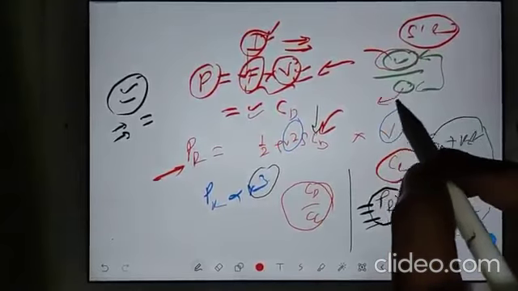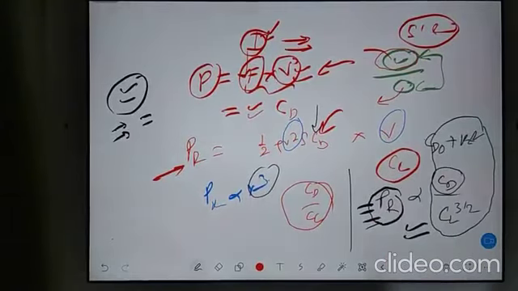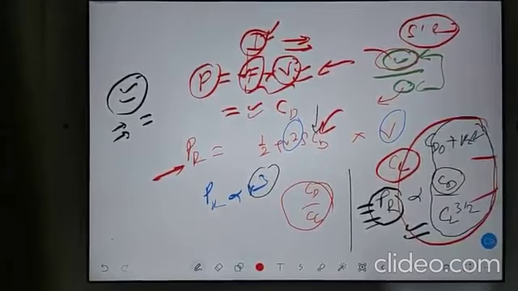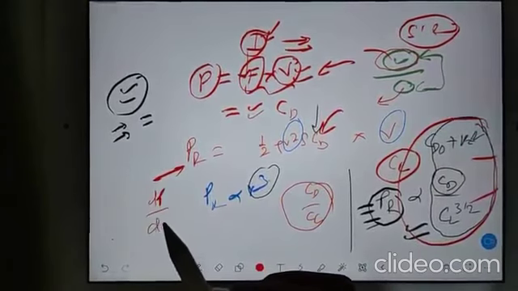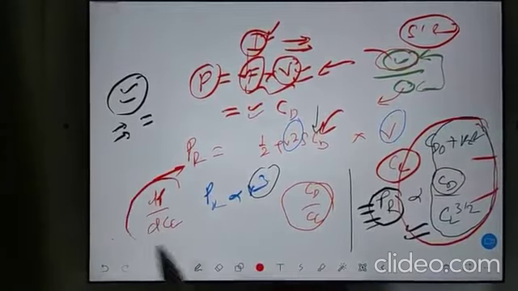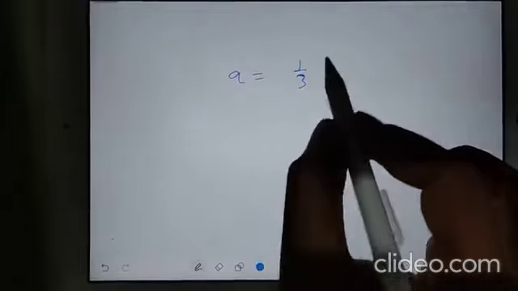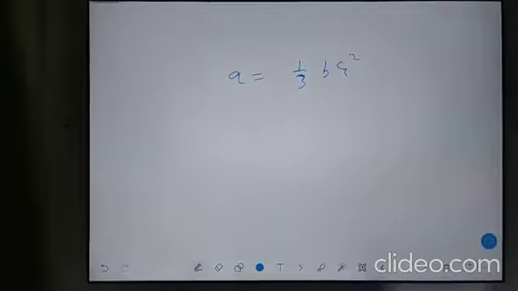But with respect to which quantity? Your entire equation is in terms of CL, so you have to bother about dP by dCL. You will find the equation of dP by dCL, put it equal to 0, and finally you will achieve that A is equal to 1 by 3 dCL square.